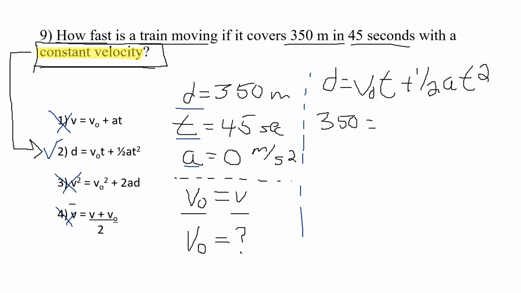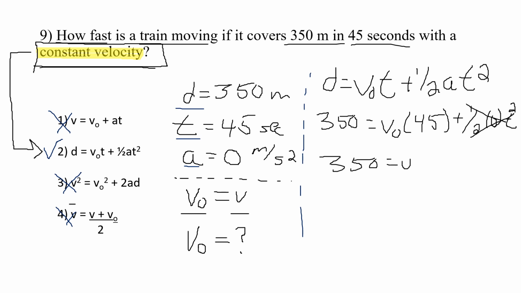350 equals v naught times 45. And just like in the other problem, if the a is 0, all the other things just go away. 0 times anything is 0. So I just have 350 equals v naught times 45.